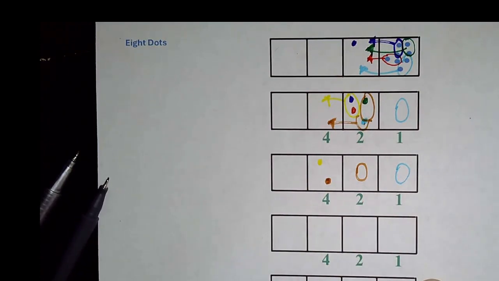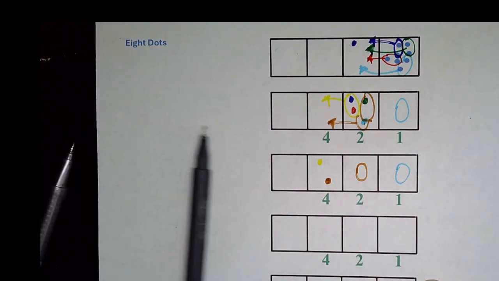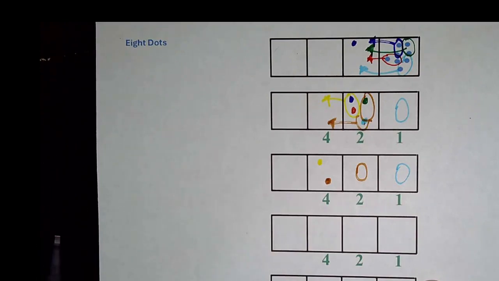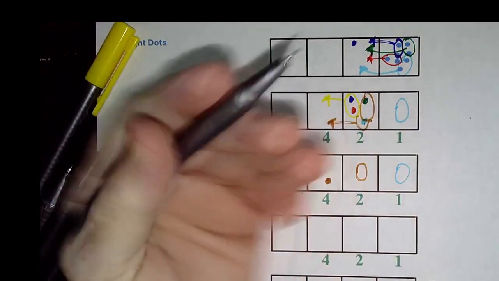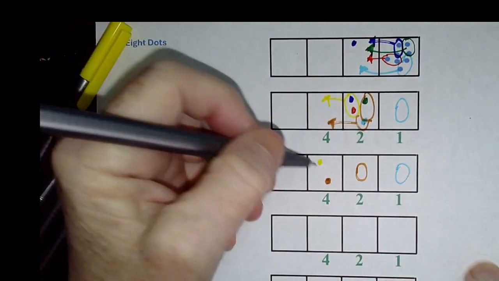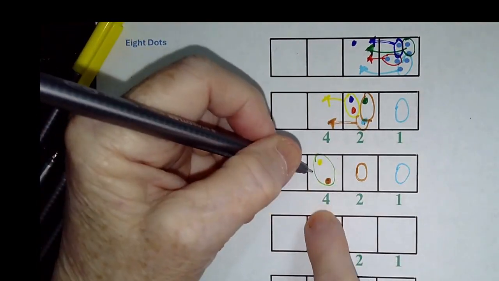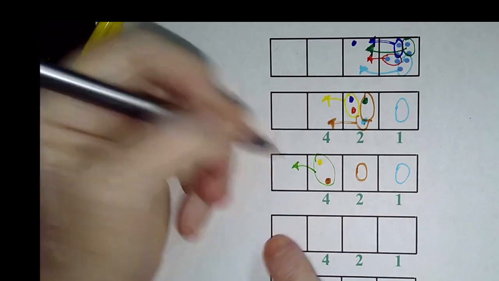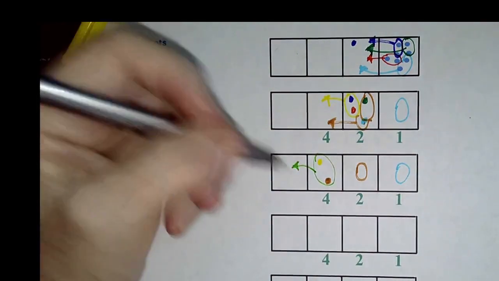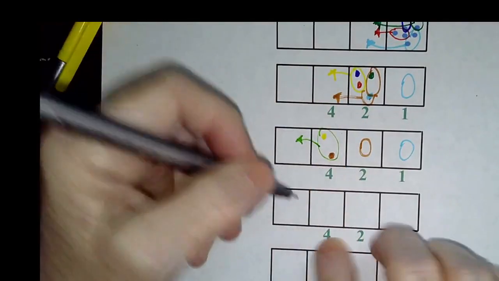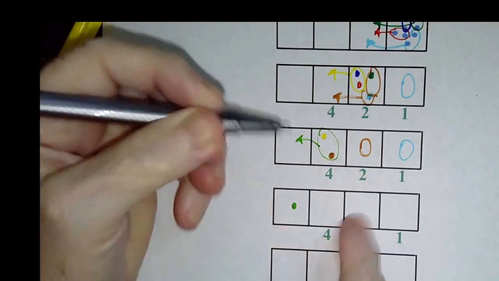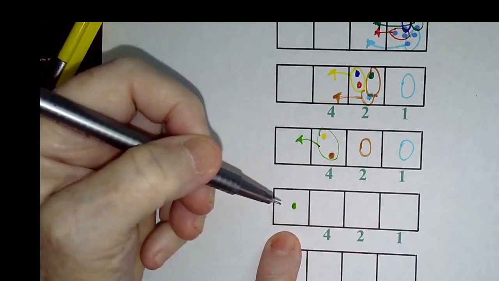Okie doke. So let's see if I can find another color. Let's explode these 2 dots in the fours place, one space to the left. So now we've got 1 dot in the box to the left of the fours.